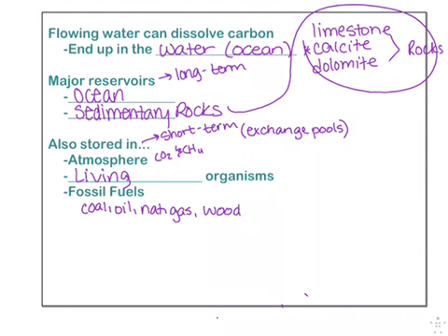See how we went from fossil fuel to atmosphere, and now we're into a living thing because of a plant. And now you eat the apple that came from the apple tree, so now it's into you. We now have moved carbon from a piece of wood burned in a bonfire through the atmosphere to a plant to a human. That carbon has been transferred to all these different exchange pools.